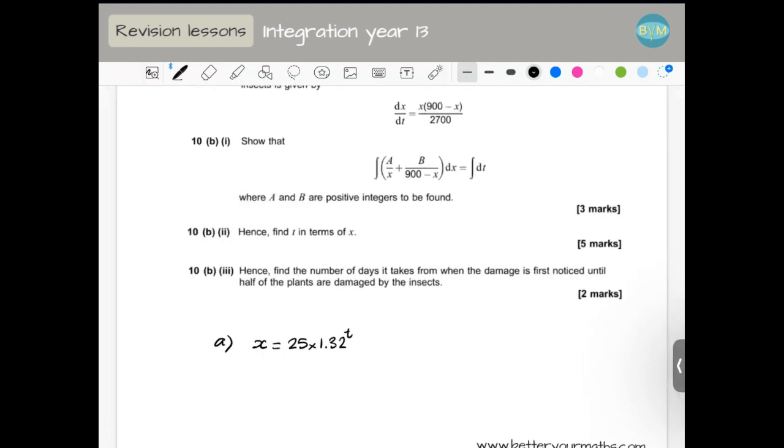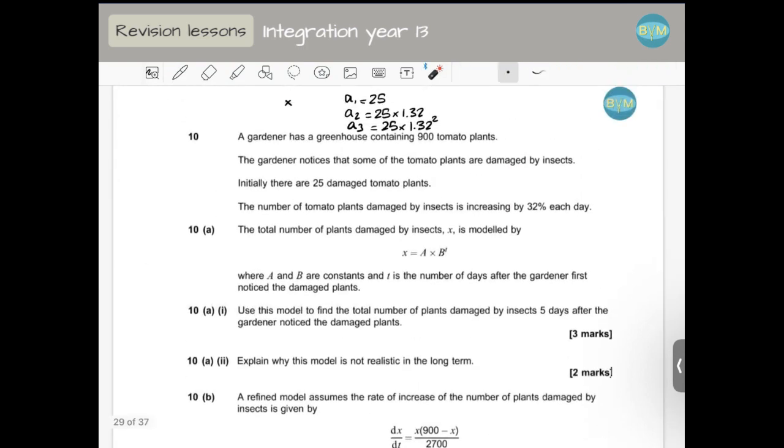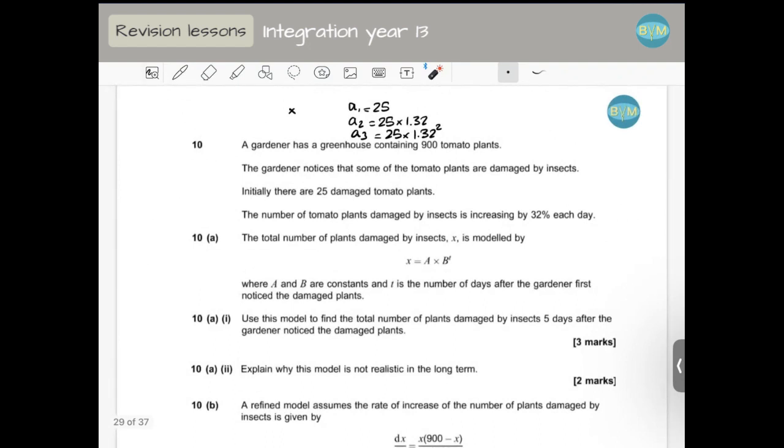So it's very easy to find A and B. Another way of thinking would be, for A, you know initially, so when T is 0, X is 25. So you could substitute T by 0 and X by 25 and you get A. But for B, the only way of thinking is with the 1.32 increase. It's not easy to think otherwise.